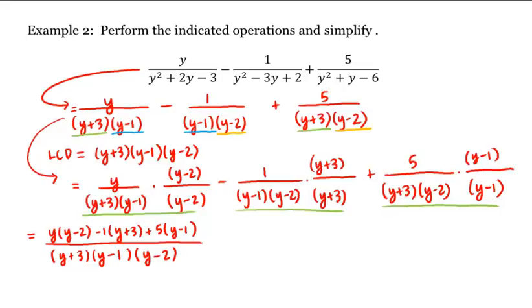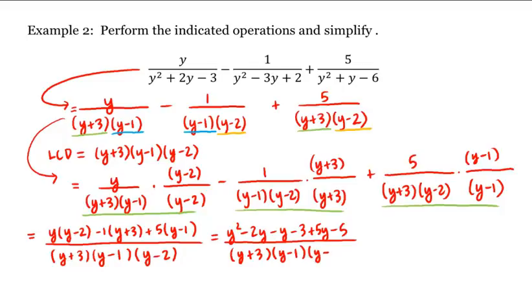And now distributing in the numerator, we get y squared minus 2y minus y minus 3 plus 5y minus 5 divided by y plus 3 times y minus 1 times y minus 2.